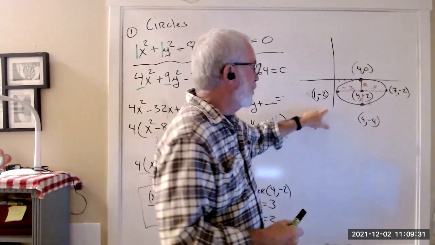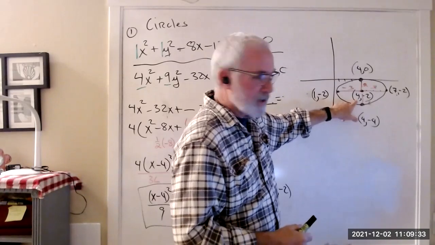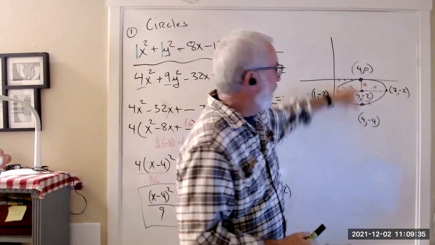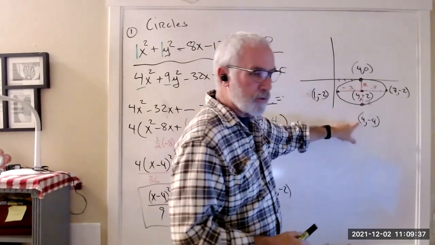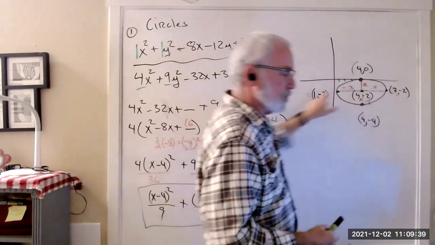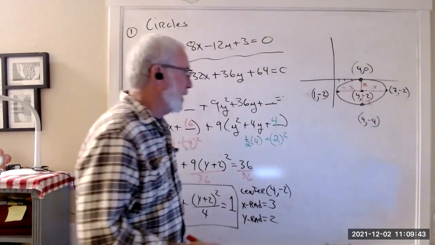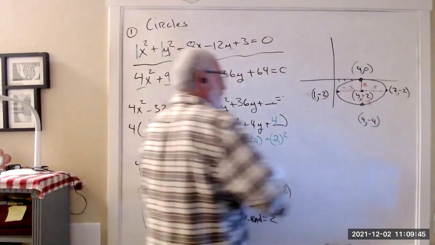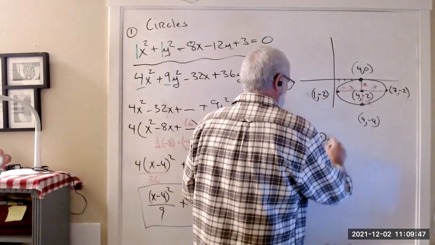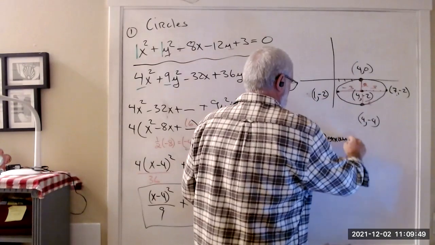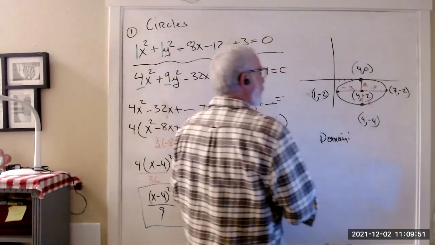Okay, and those are the news. There's the center, 4 comma -2, and then I have north, south, east, west, or whatever. I don't know which way is east and west. My domain is x's.